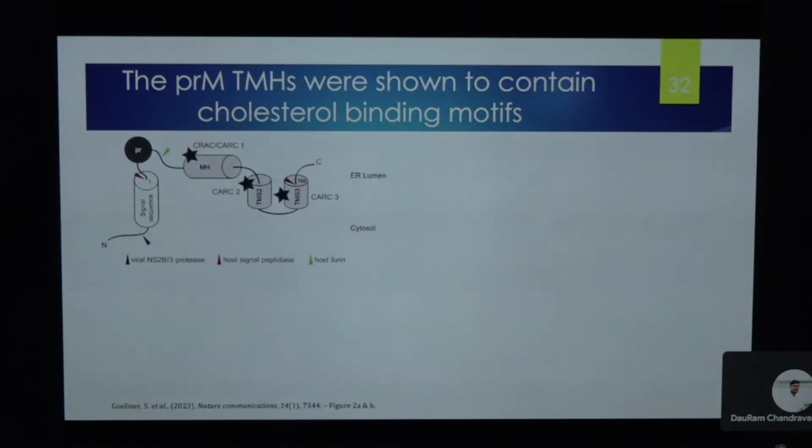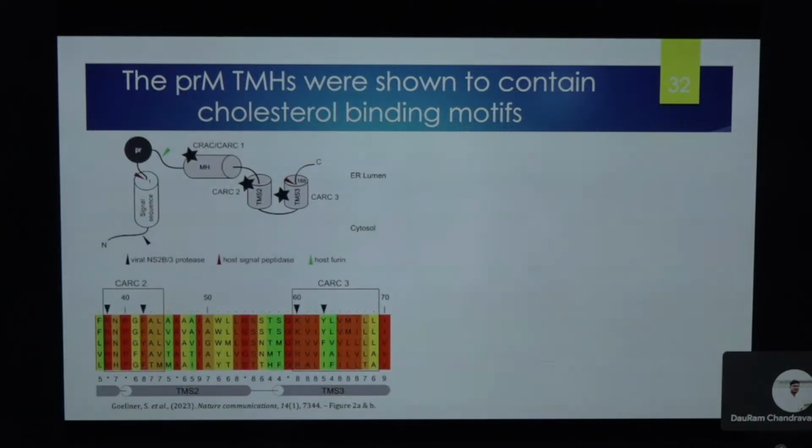But why are we making SVPs? A previous study published only this past year, 2023, actually showed that the PRM transmembrane helices contain a cholesterol binding motif that is actually right downstream and upstream from the TMHs.